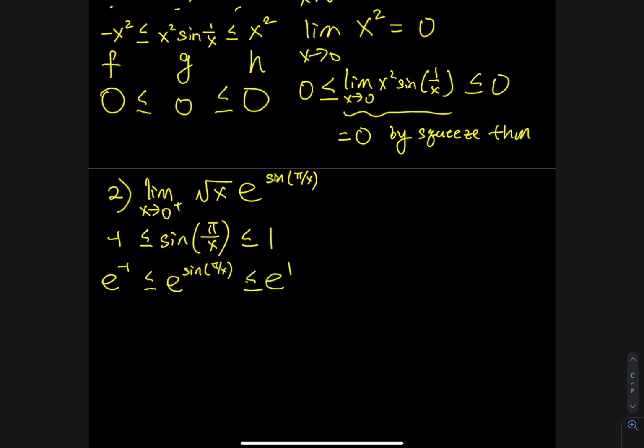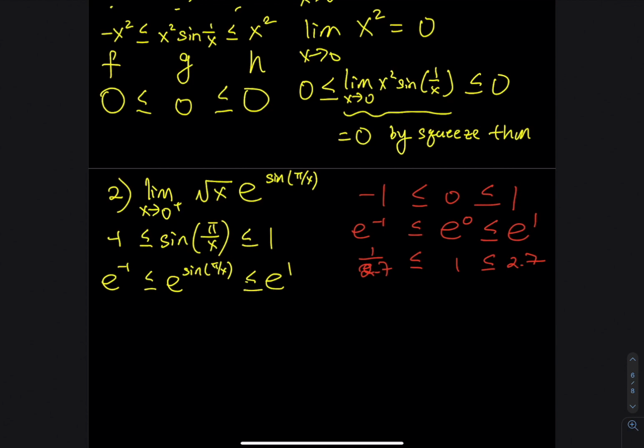If you cannot process this math, how about this? Negative 1 is less than or equal to 0 is less than or equal to 1. e to the negative 1 is less than or equal to e to the 0 is less than or equal to e to the 1. So that is 1 divided by e, this is a 1, this is an e. What is e? e is around 2.7. So if you change that to 2.7, you can clearly see that the inequality is true.